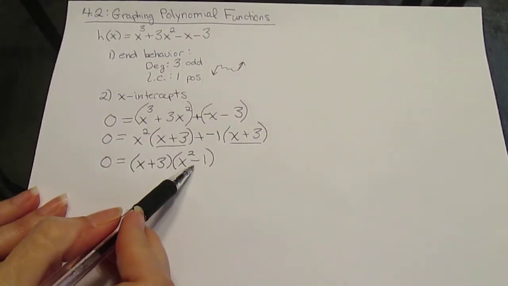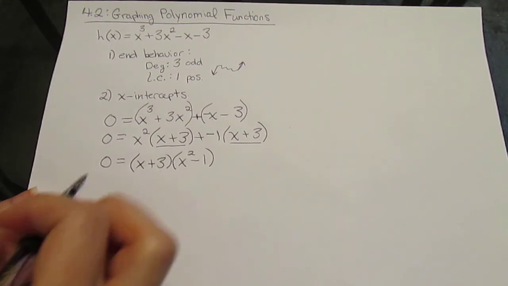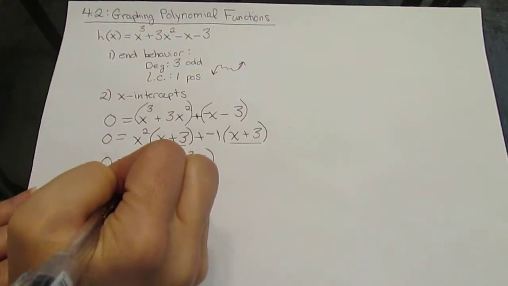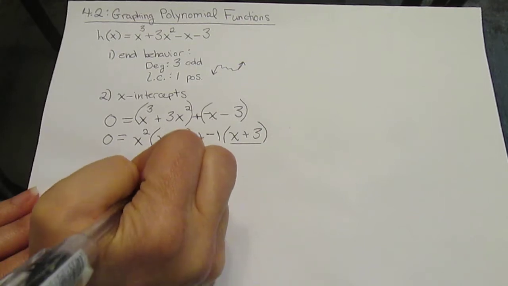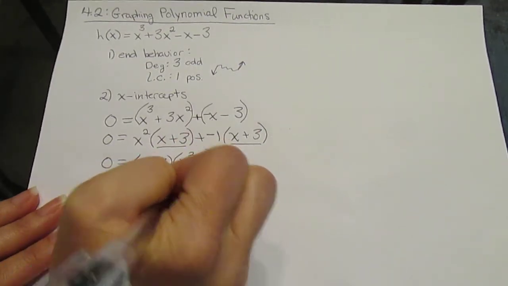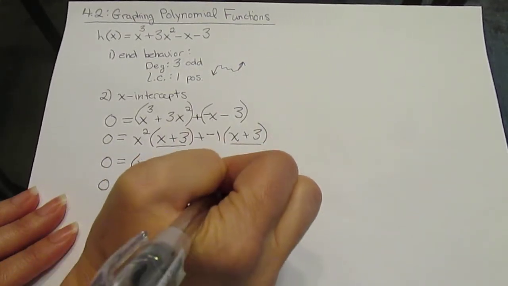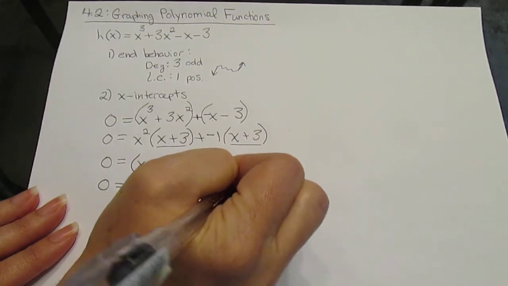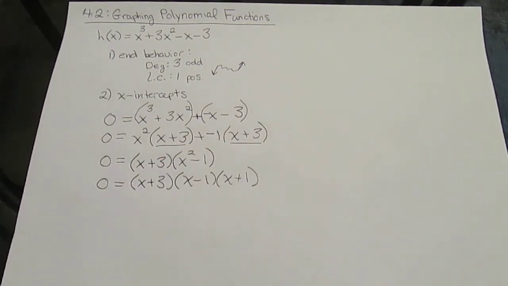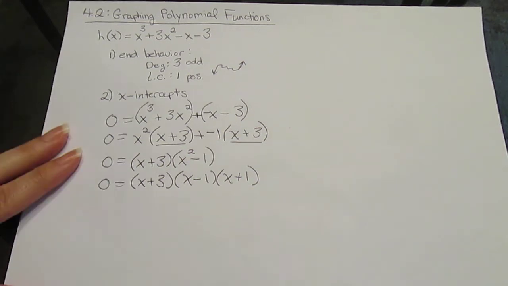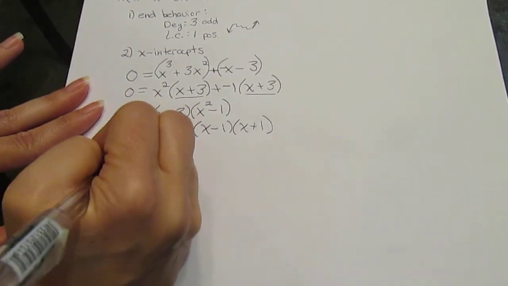Well, I can factor that one again. It's a difference of 2 squares. And now I have it factored out completely. So I'll set each factor equal to 0 and solve.